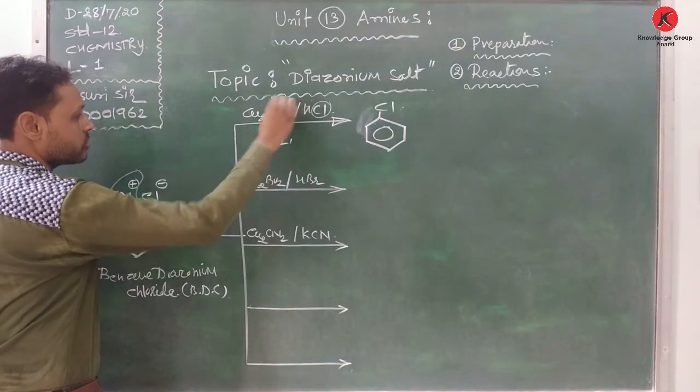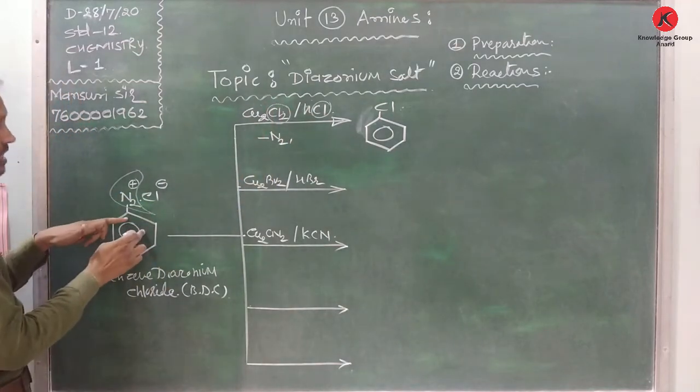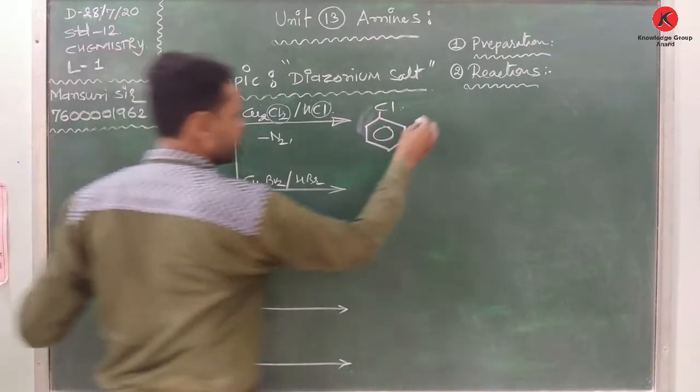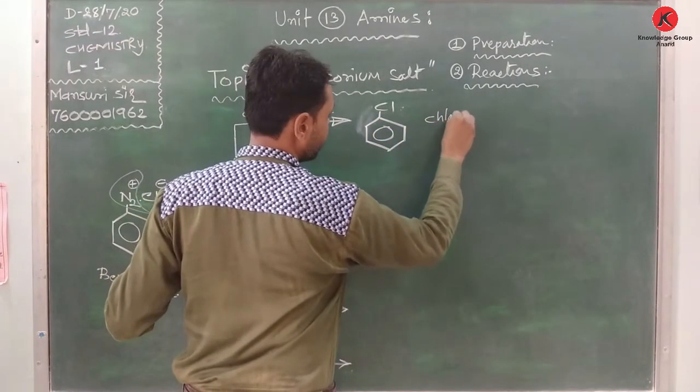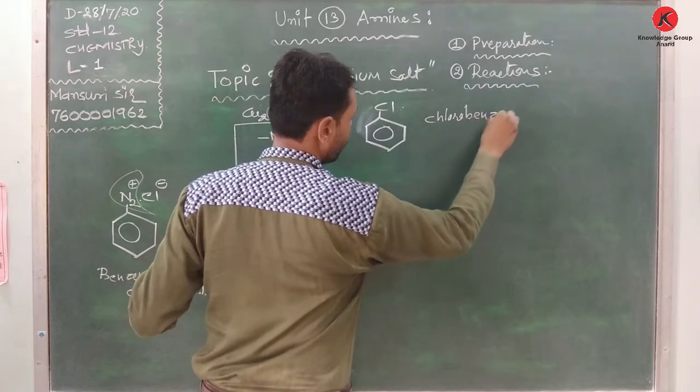Chlorine is also there, so chloro will be attacked toward this ring. That is why chlorobenzene is formed. We will write over here chlorobenzene.